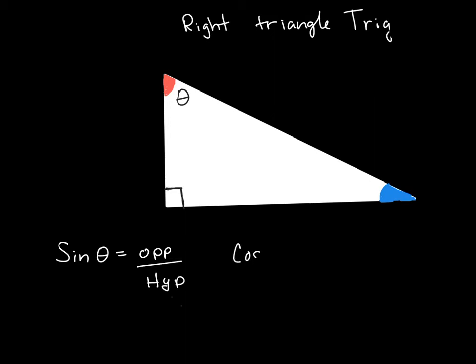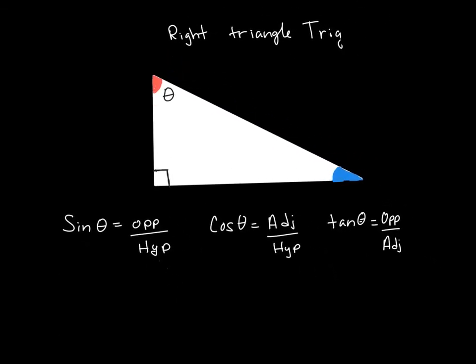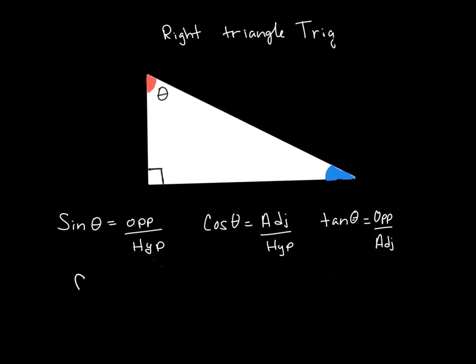The cosine of any angle is equal to the adjacent side over the hypotenuse. The tangent of any angle is equal to the opposite over the adjacent. So where that acronym comes into play is it's sine, Sohcahtoa.